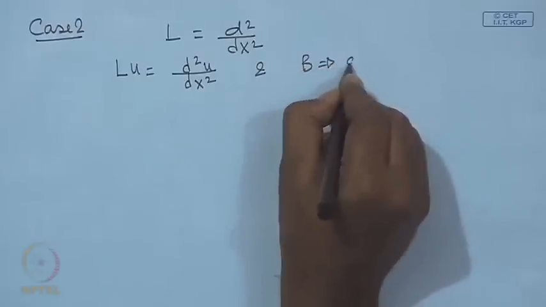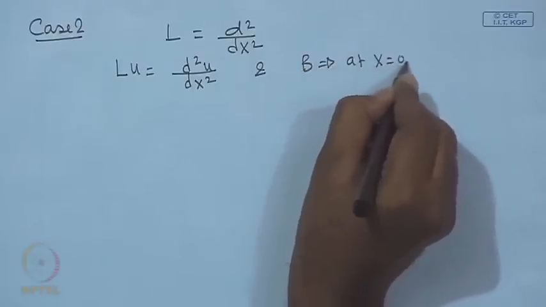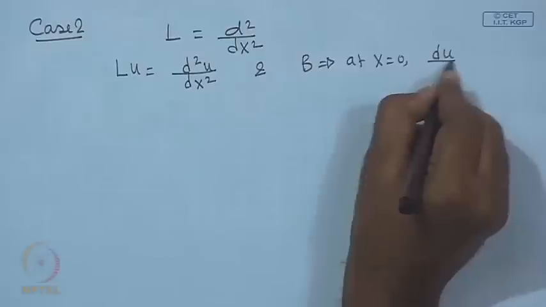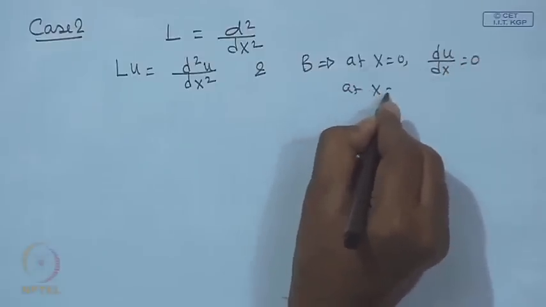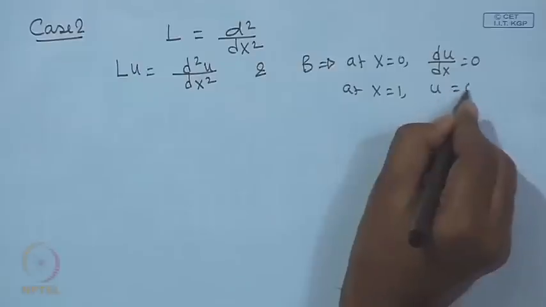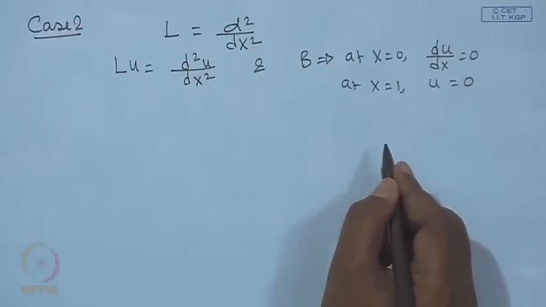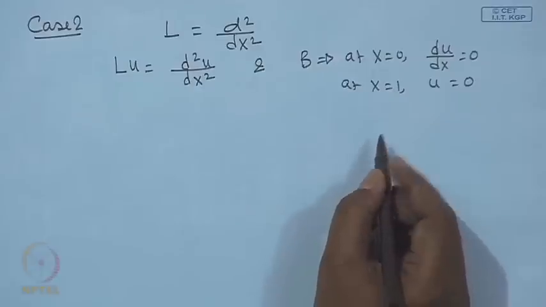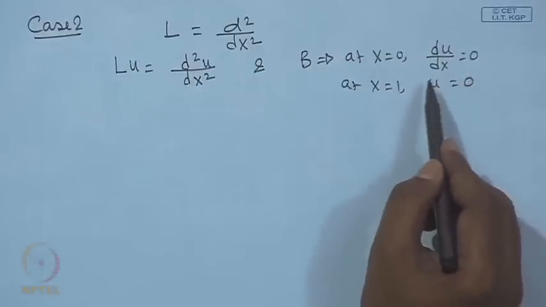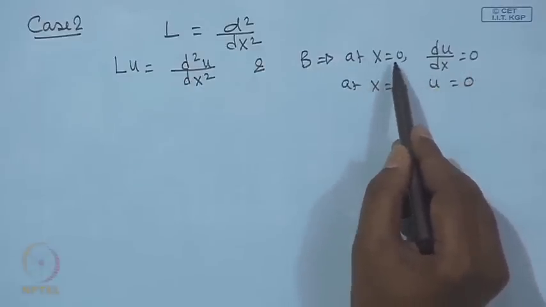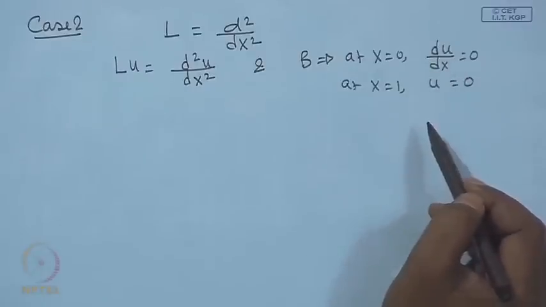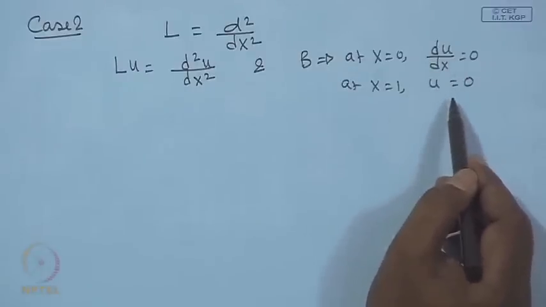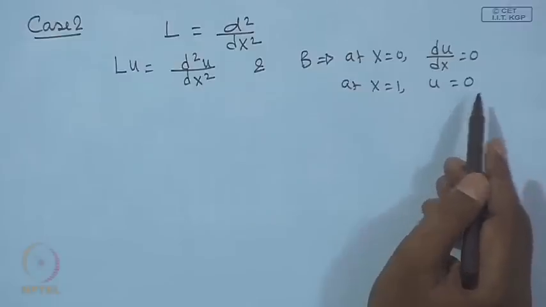B is at x is equal to 0, du dx is equal to 0 and at x is equal to 1, u is equal to 0. So, if you just identify, we have changed only the boundary condition at x is equal to 0 of the earlier problem by a Neumann boundary condition, and the other boundary condition remains a Dirichlet boundary condition.